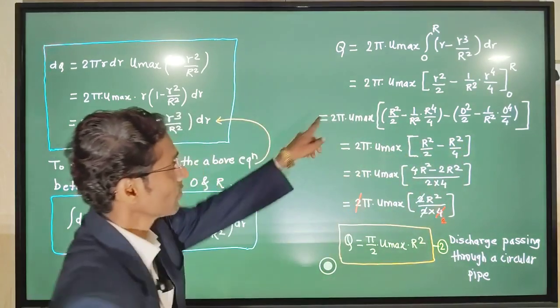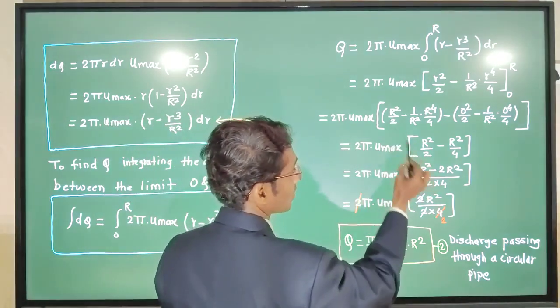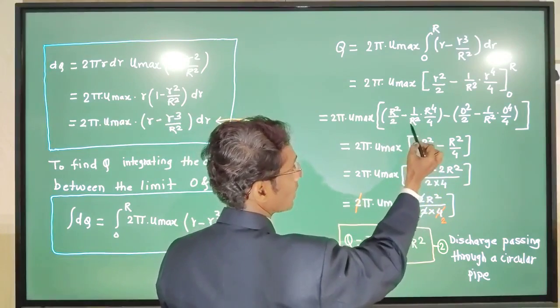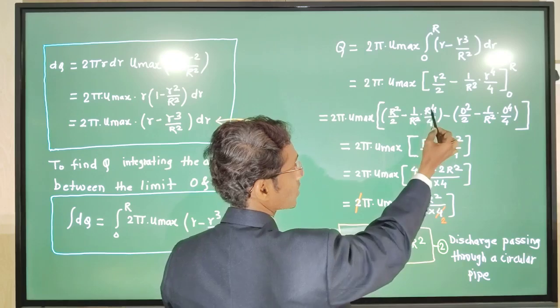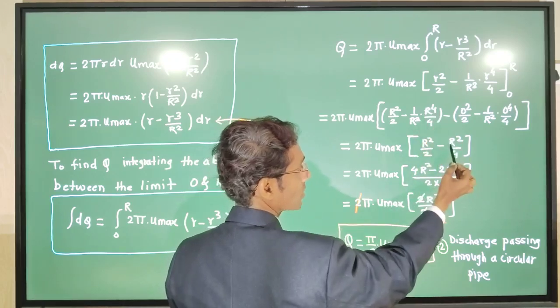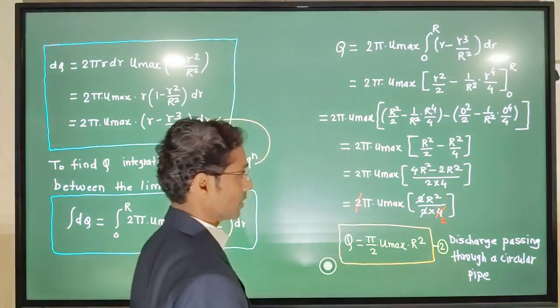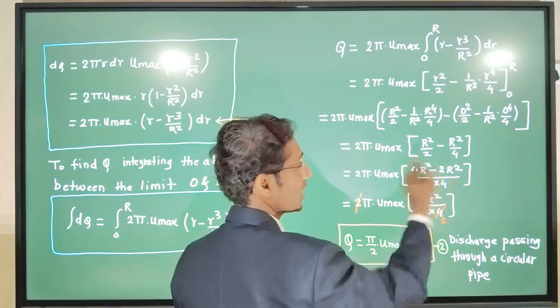So next step: 2 pi into u max inside the bracket, capital R square by 2 minus, here after simplification, that is cancellation of this square with this R raised to 4, remains R square divided by 4, bracket complete. Now the next step is taking the LCM.